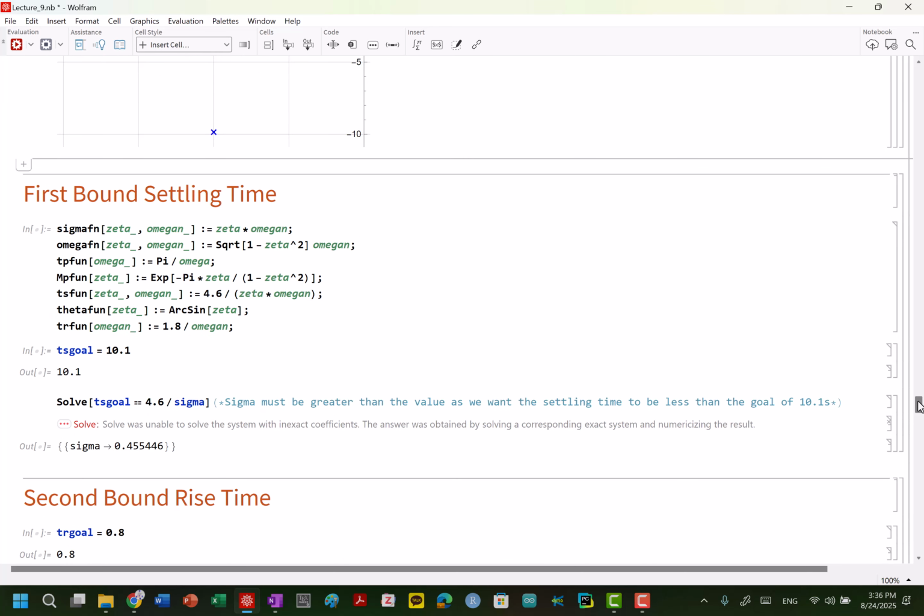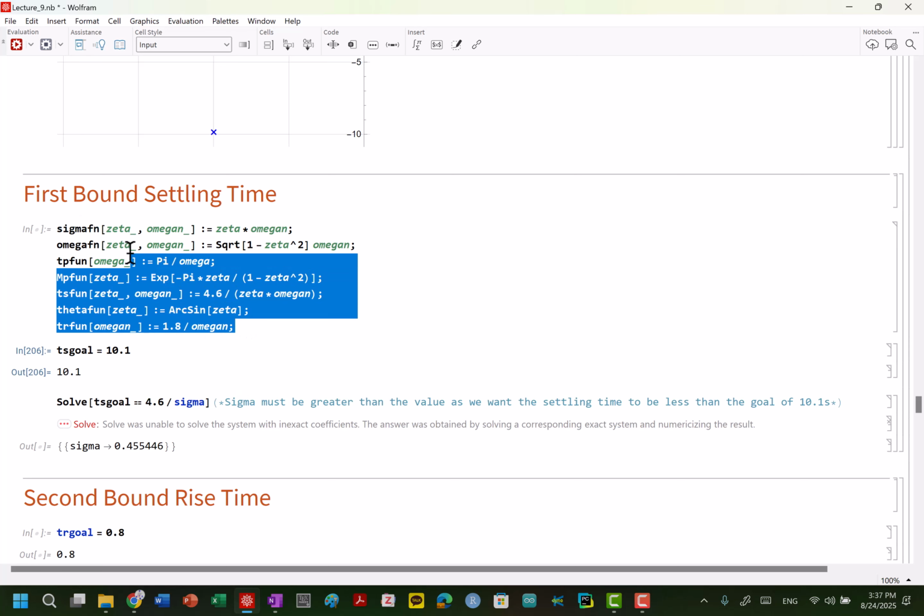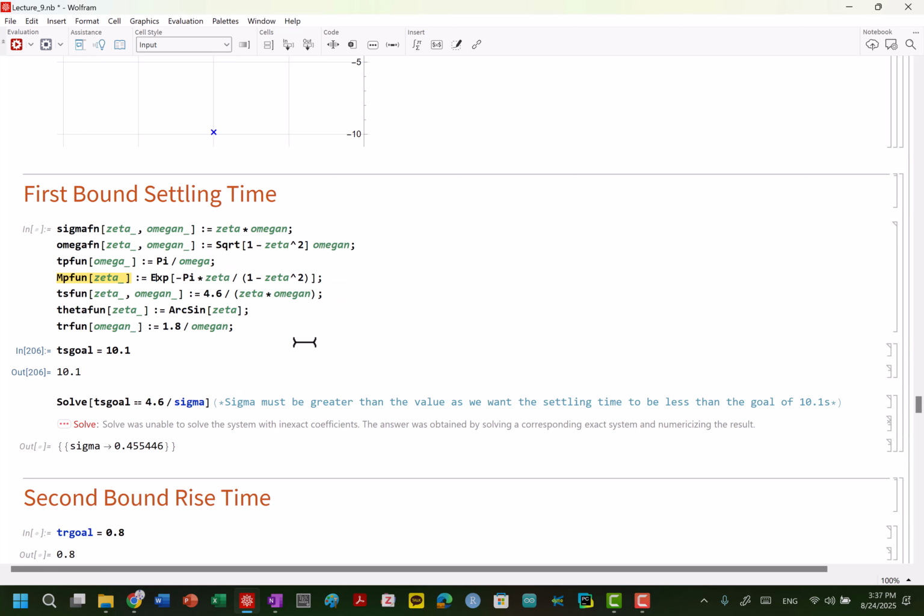So, let's go back to our goals. Our goal was a settling time of 10.1. We have our relationships listed here. If I want to put a bound on settling time and relate that to the pole location, I know that the settling time is just 4.6 over zeta omega n, or sigma.